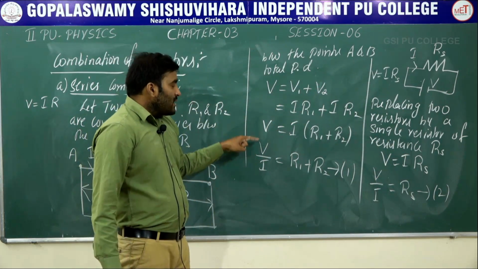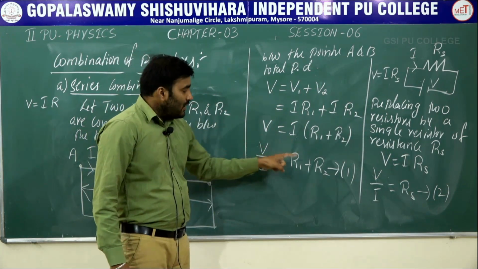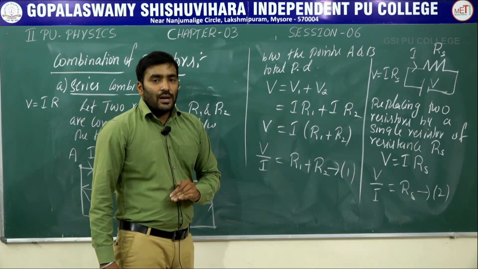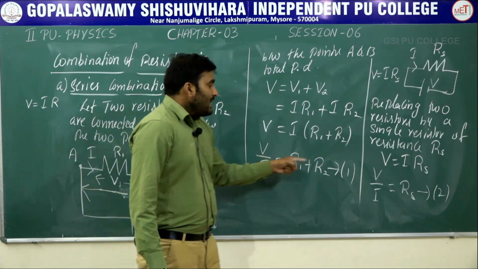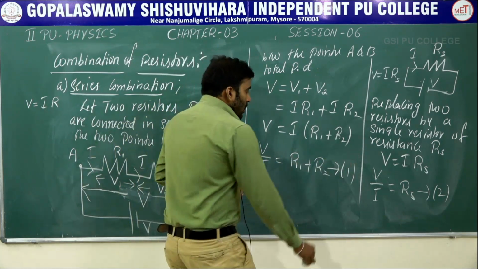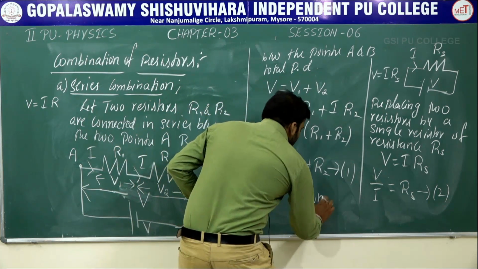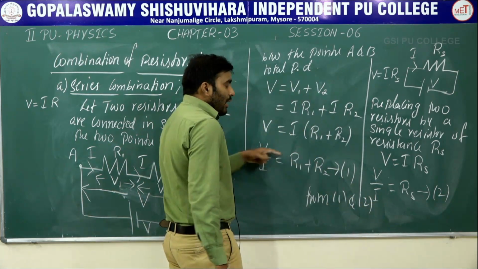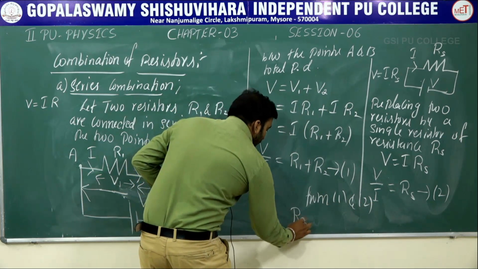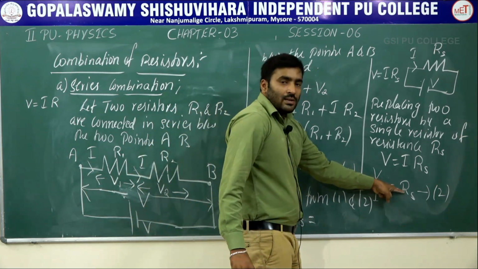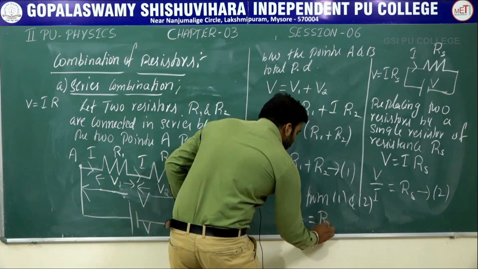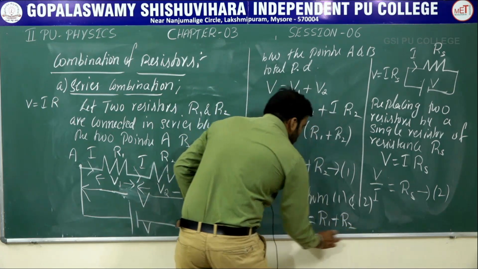Now from equation 1 and 2, if you observe, the left hand sides of the equations are the same, so we can equate the RHS. So from 1 and 2, RS, which is called the equivalent resistance, is equal to R1 plus R2.